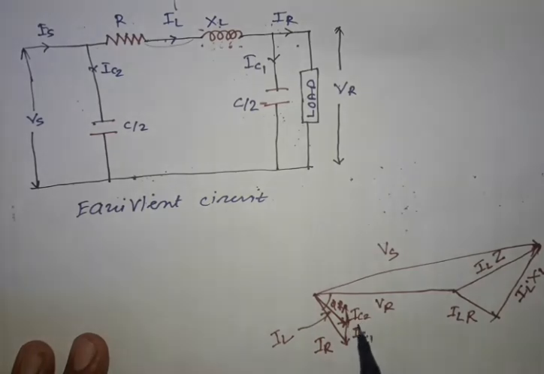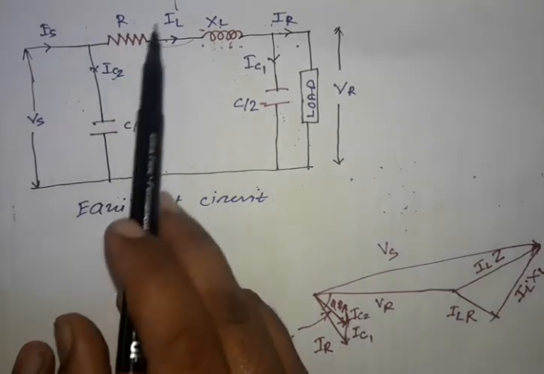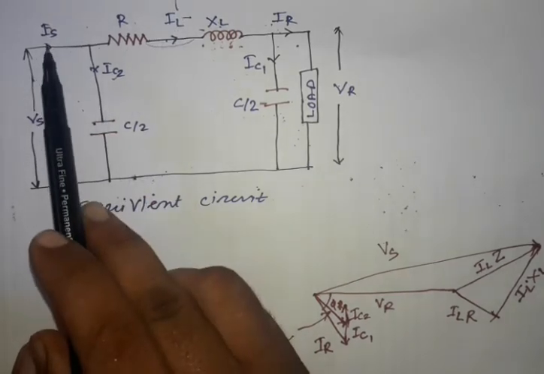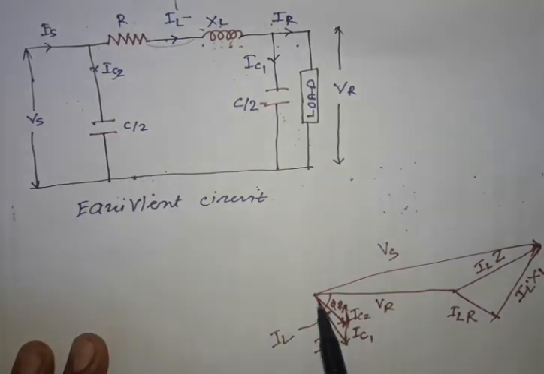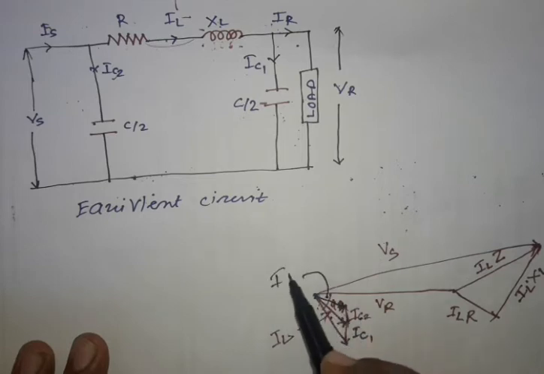So we draw the IC2 current line, and the resultant of IC2 and IL gives us the sending end current. Here we draw the resultant line of current IL and IC2, which is called our IS, or sending end current.